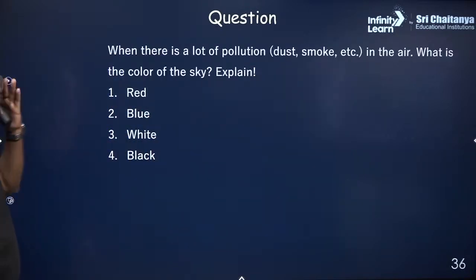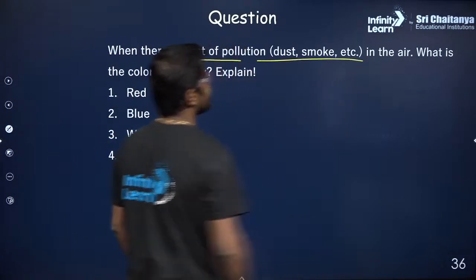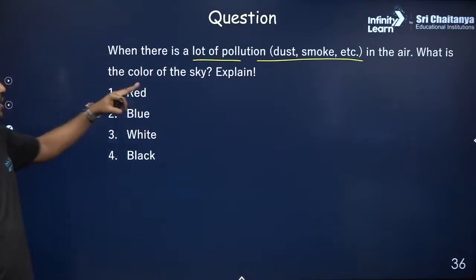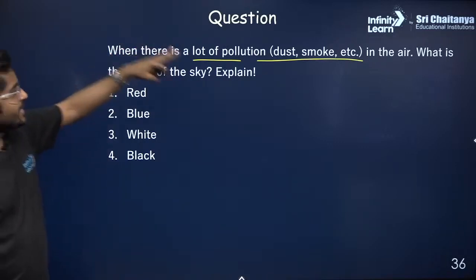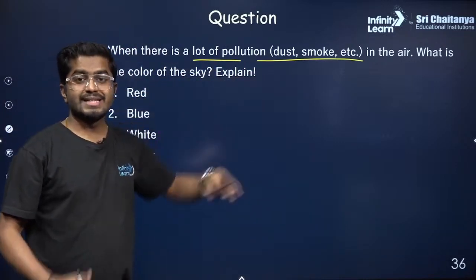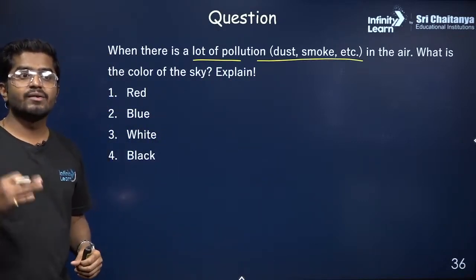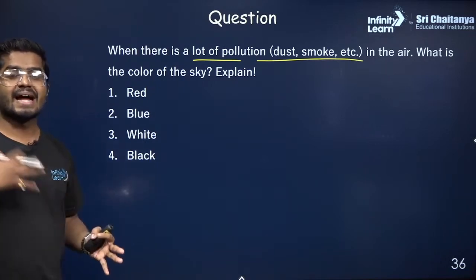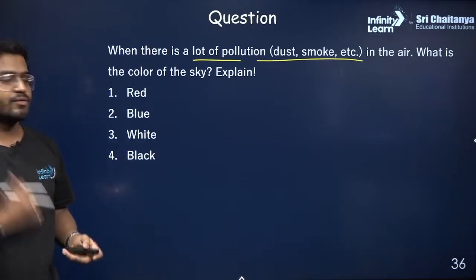Next one, when there is a lot of pollution, so these particles are present in the air, dust, smoke. So what is the color of the sky? These particles, dust and smoke, are large particles. So they will scatter the light in equal amount. So if all the colors are scattered equally, what will be the color of the sky?